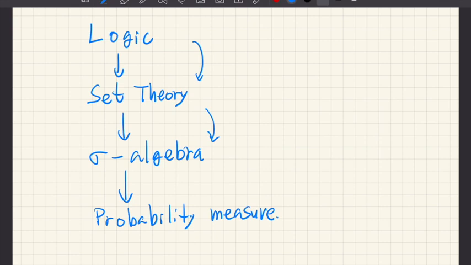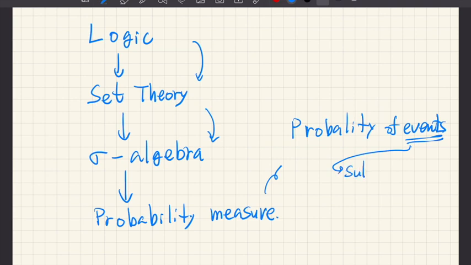That is because probability is always a probability of events, right? Probability is always a probability of some events. And we define these events as subsets of some universal set called omega.